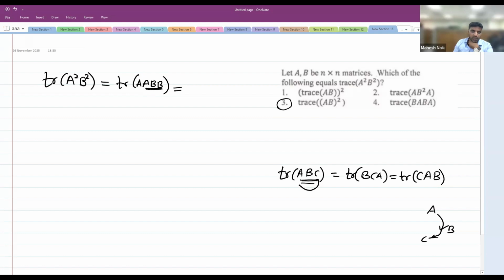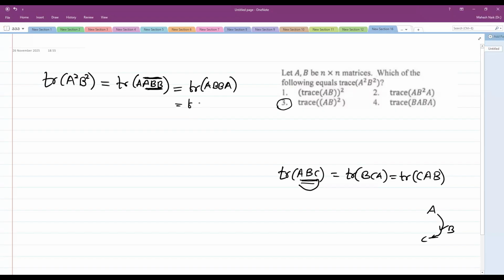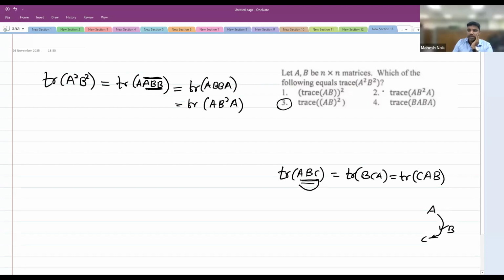Okay. So look at this ABC. Okay, and then we have BCA starting with the second element. So if I use the same property here, and if I start with A, this will be equal to trace of A into B into B into A. Okay, so I'm starting with this and then accordingly attaching A. That gives me trace of A into B square into A, which is one of the options here.